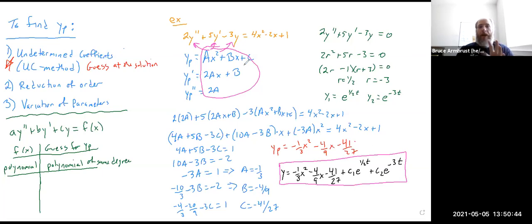All right, so when it comes to an applied setting and we're doing specific, yeah, you will find your specific solution given your initial condition. And that first theorem that I put up there says we're guaranteed a unique solution for an initial value problem, because that will specify the C1 and C2s. And it could turn out that we get exactly the same thing that we started with, Y particular.